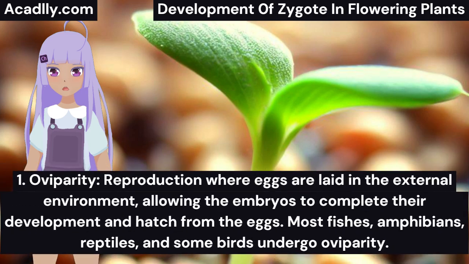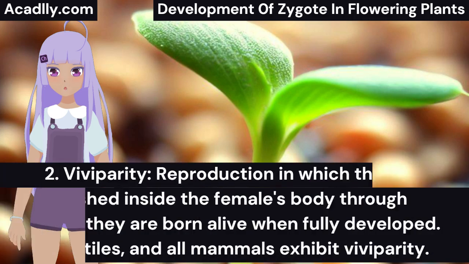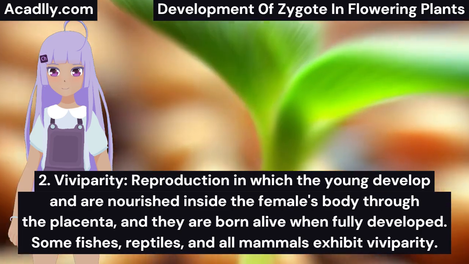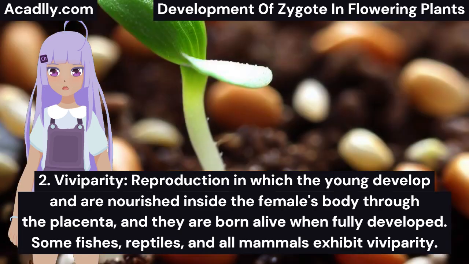1. Oviparity. Reproduction where eggs are laid in the external environment, allowing the embryos to complete their development and hatch from the eggs. Most fishes, amphibians, reptiles, and some birds undergo oviparity. 2. Viviparity. Reproduction in which the young develop and are nourished inside the female's body through the placenta, and they are born alive when fully developed.